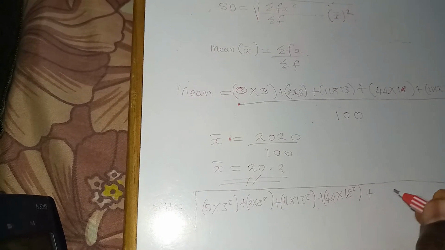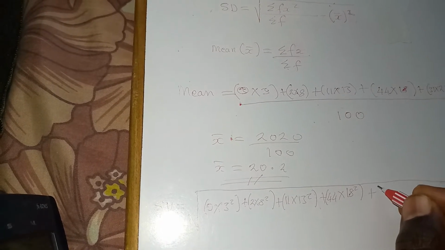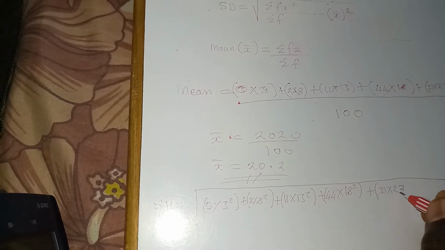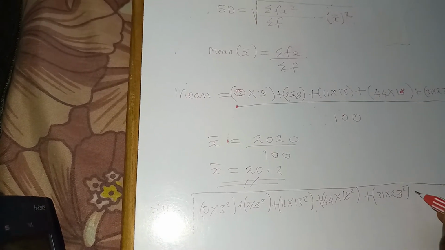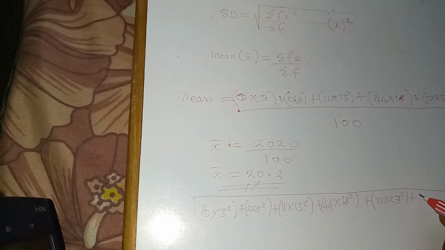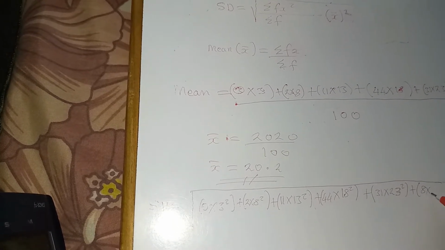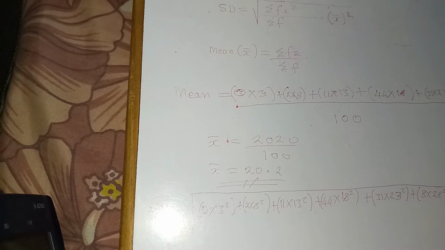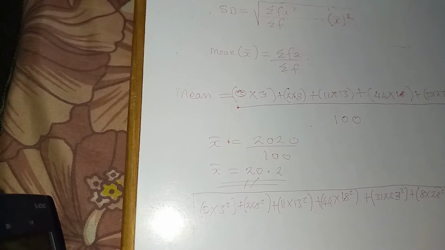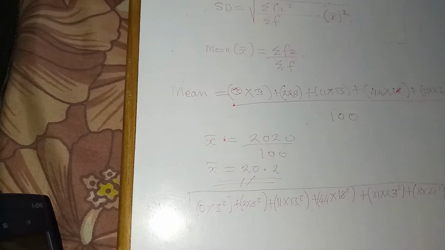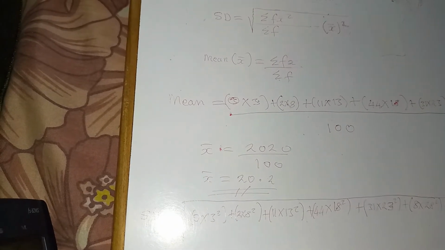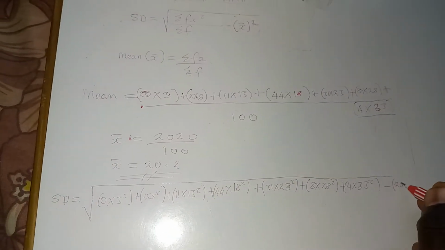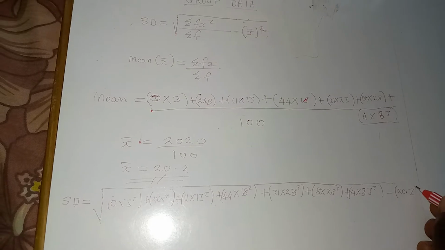Then plus 31 times 23 squared, then plus, in brackets, 8 times 28 squared, then plus 4 times 33 squared in brackets, then minus the mean given, which is 20.2 squared.